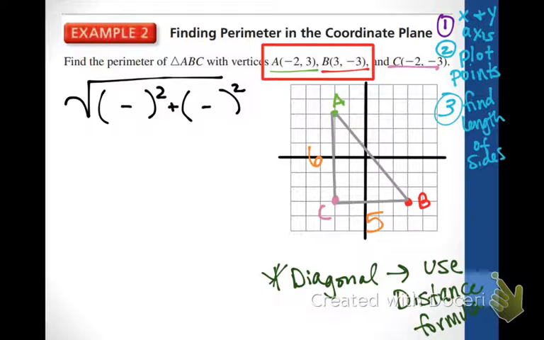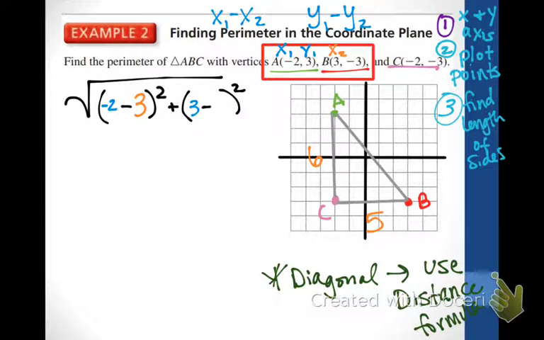All right, so my distance formula, remember, always is x1 minus x2 and y1 minus y2. All right, so what would my x1 be? Yeah, my x1 is negative 2. All right, what is my x2? 3. Sorry, my x2 is the number 3. All right, and then my y1 is this positive 3.